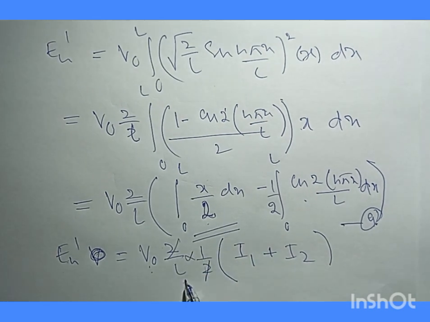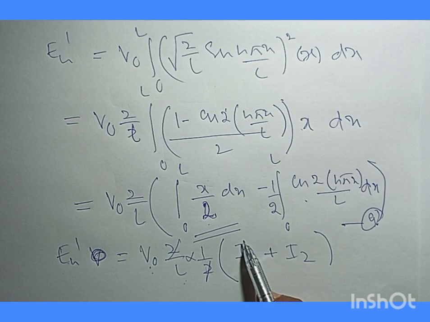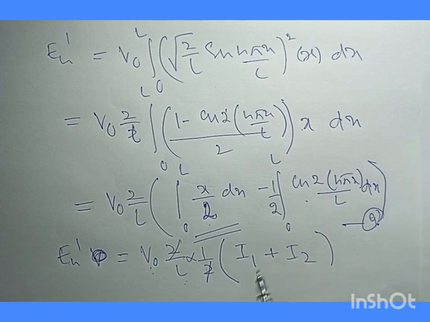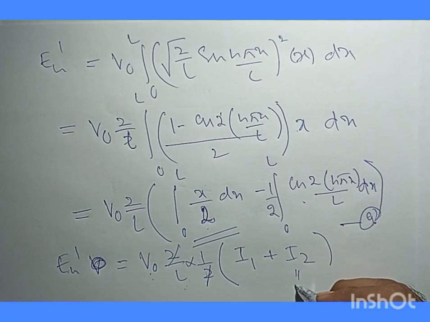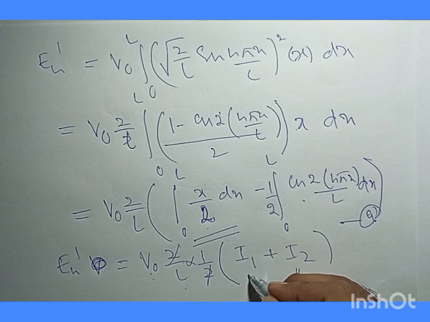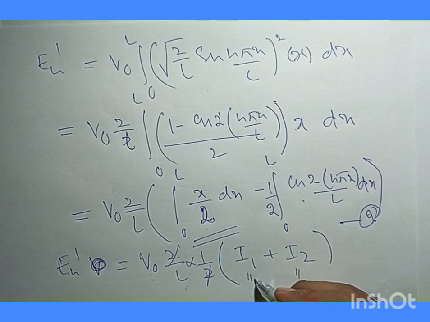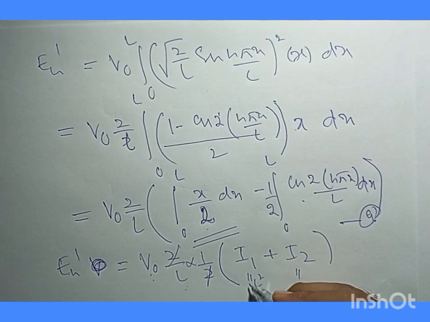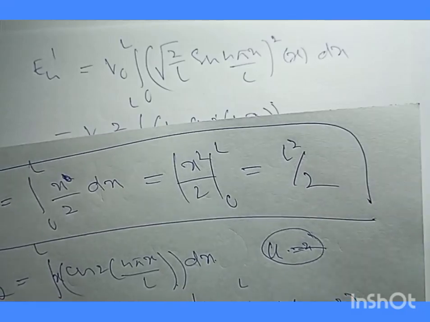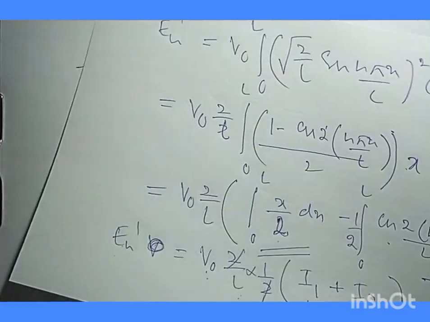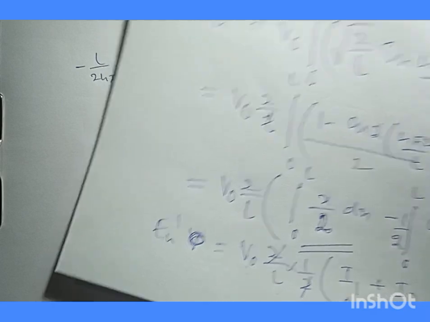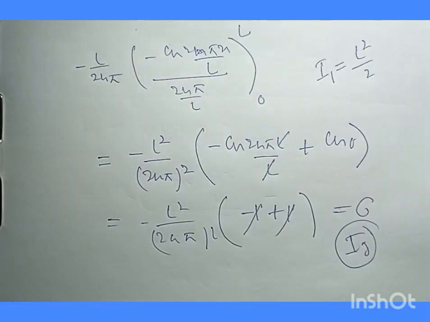So V0 by 2 times L square by 2, because this I2 has come out to be 0. This I1 has come out to be L square by 2. Yes, I1 was L square by 2. So this way I can put it there.